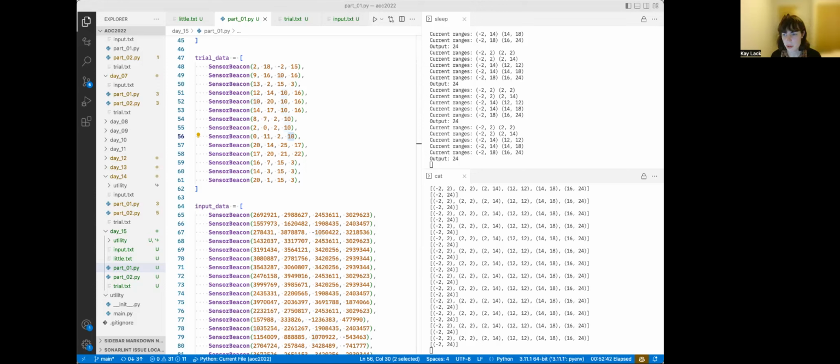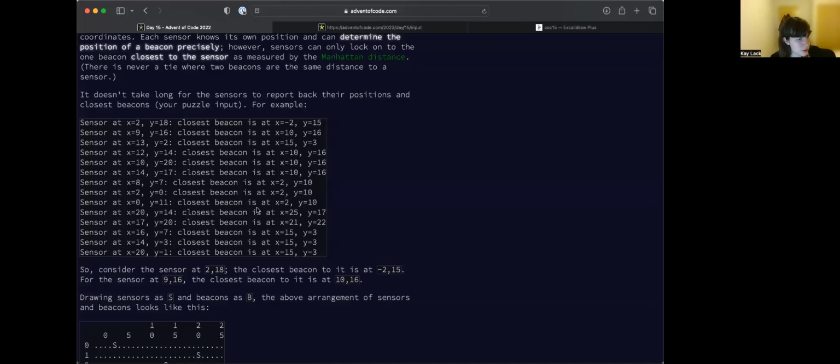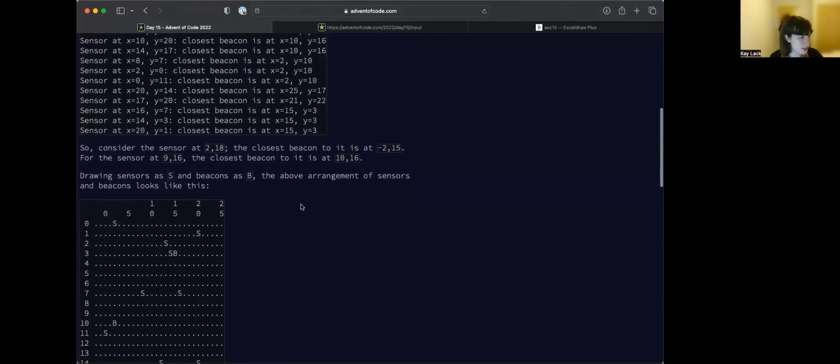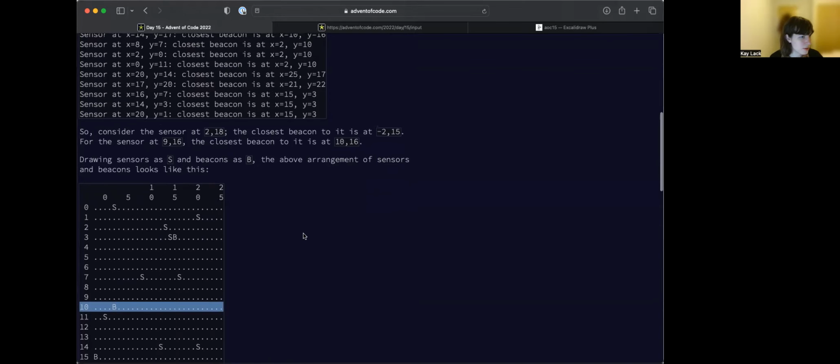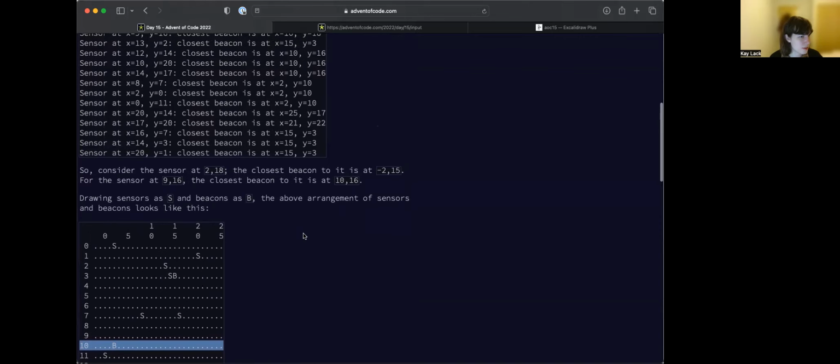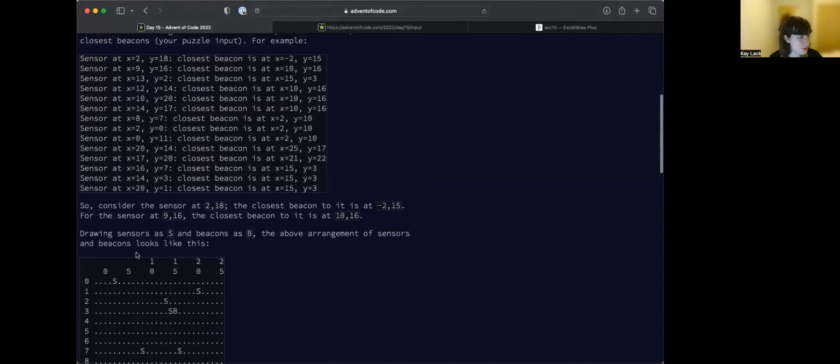Okay, let me show you what I'm seeing here. So the closest beacon, so I'm looking for the beacons with Y10, because that's our row, right? So consider the sensor at 218.